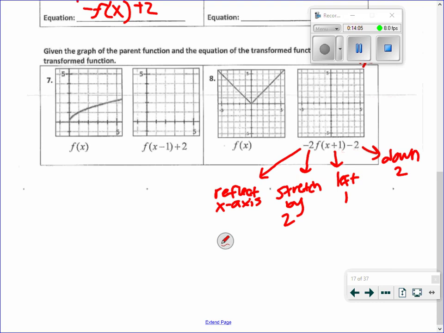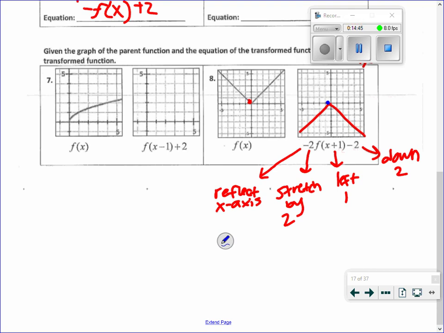Thinking about doing all this, take this minimum point here to help guide you. I have to reflect over my x-axis, so that's what that first transformation would look like. We're not done yet, so then I have to stretch by 2. Stretching by 2 means, see how at my minimum point, to get to my next point, I just went down 1 and then left and right 1 in both directions.